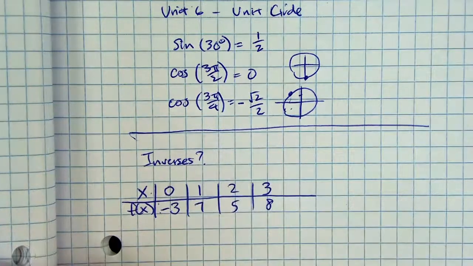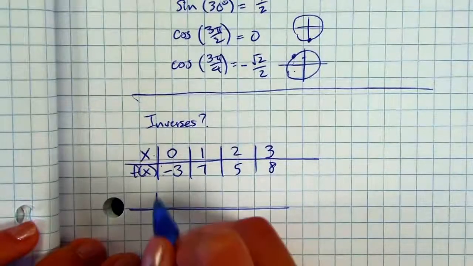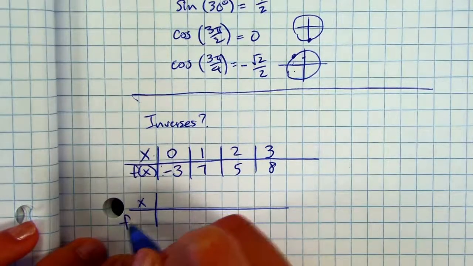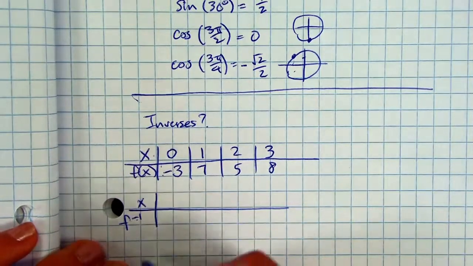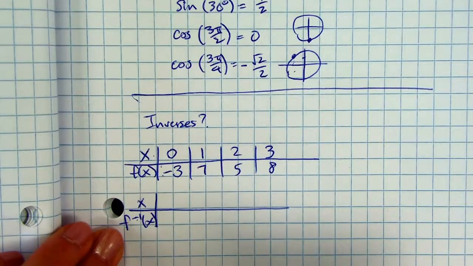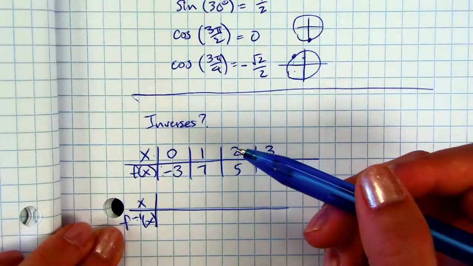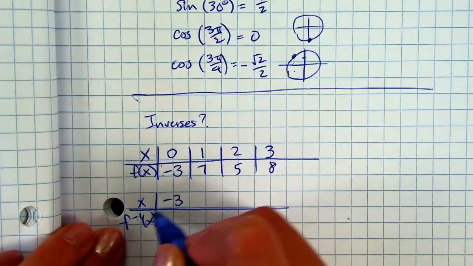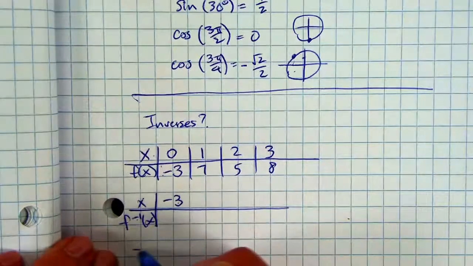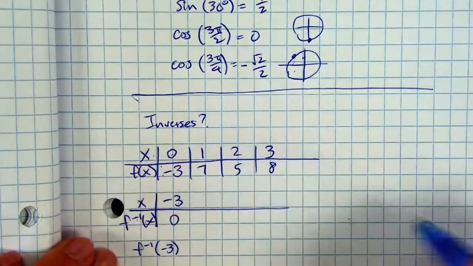And I asked you, well, what are the values of the inverse function of x? So f inverse, which is f -1. What is the inverse values of f? Well, what happens is the input and the output just switch. So now if I input -3, f inverse of -3 is 0. So my input and output values have switched.